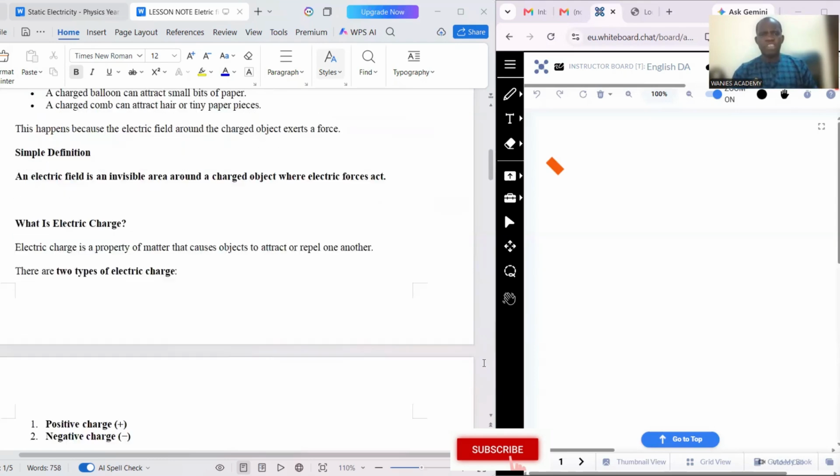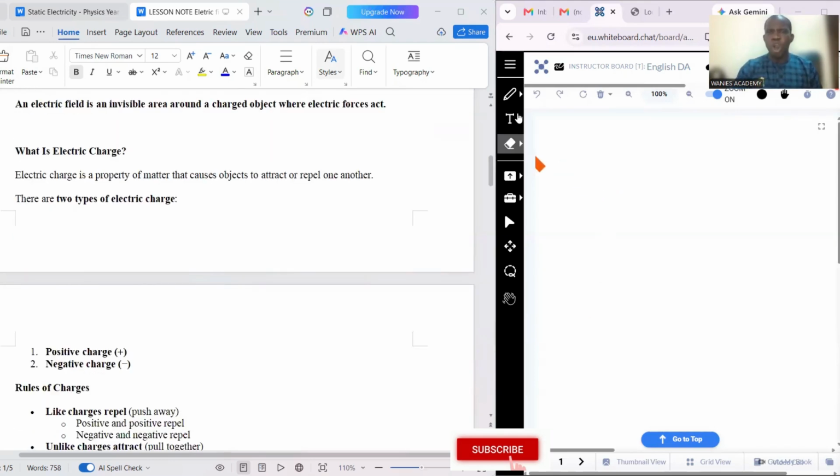The first one is the positive charge and the negative charge. So a charged object exhibits one of these 2. It's either positively charged or negatively charged. We're still going to explain how a neutral object can become a charged object.